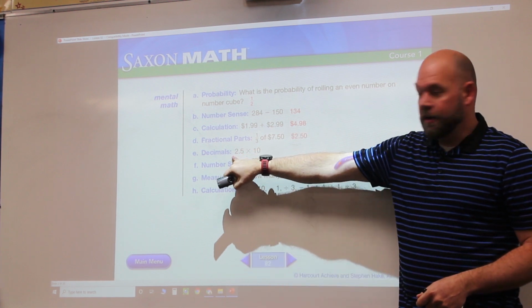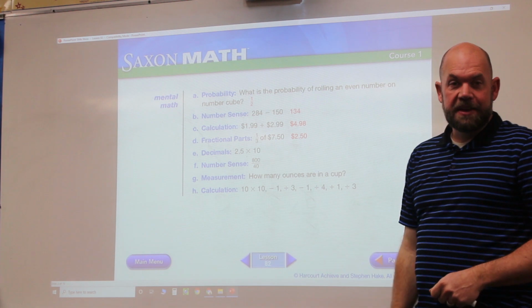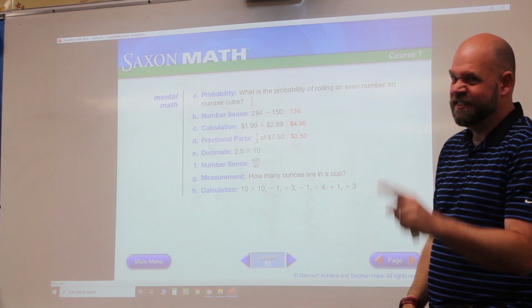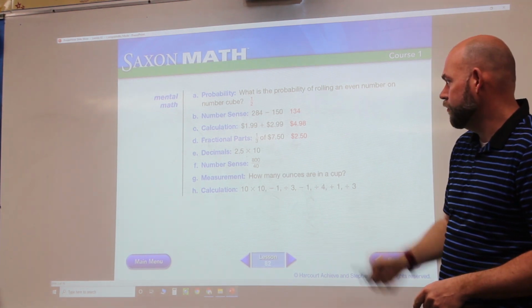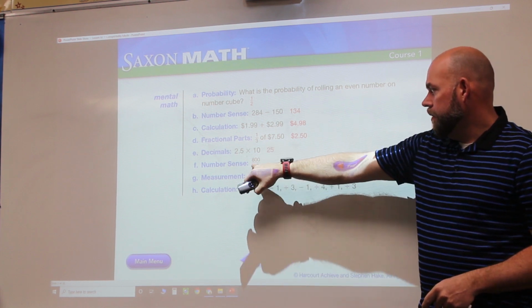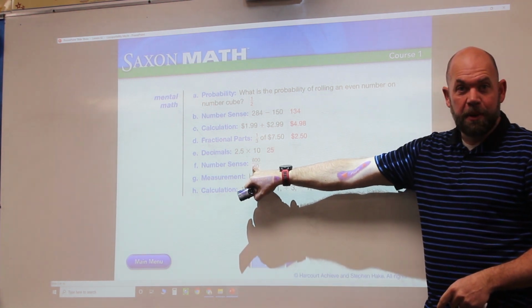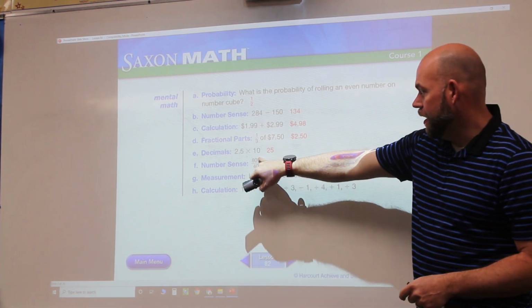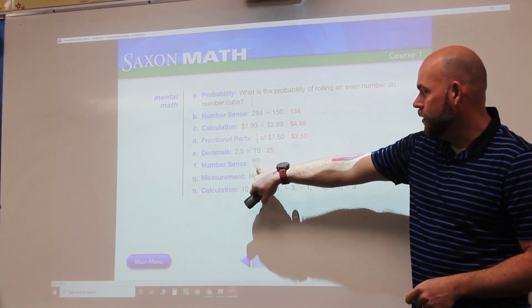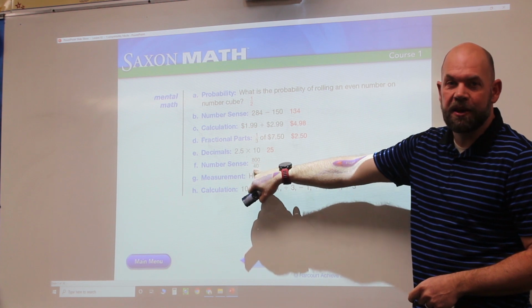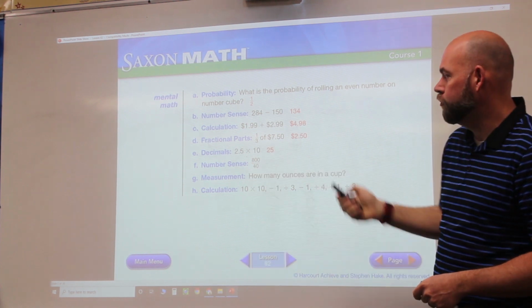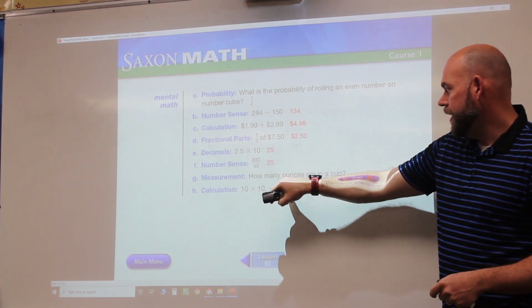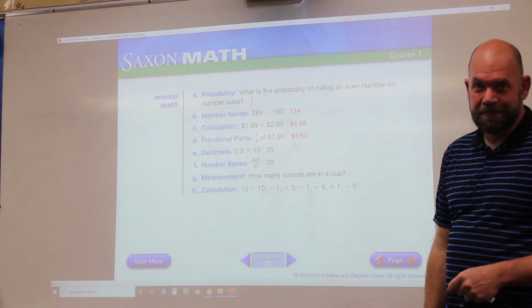A decimal practice on E, 2.5 times 10. Let's just shift the decimal over 1, so that gives us 25. F is 800 divided by 40. On that one, we can just use our canceling to get rid of those 2 extra zeros. So it's really just 80 divided by 4. 80 divided by 4 is 20. G, how many ounces are in a cup?